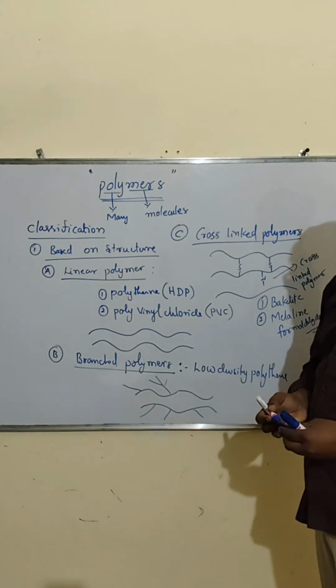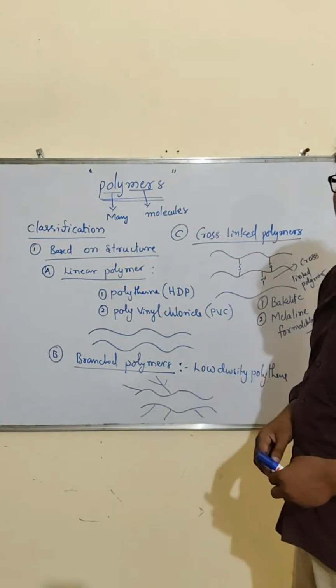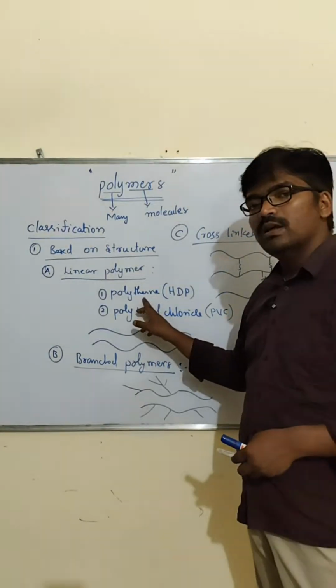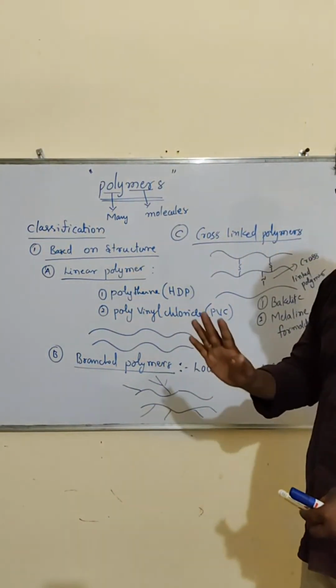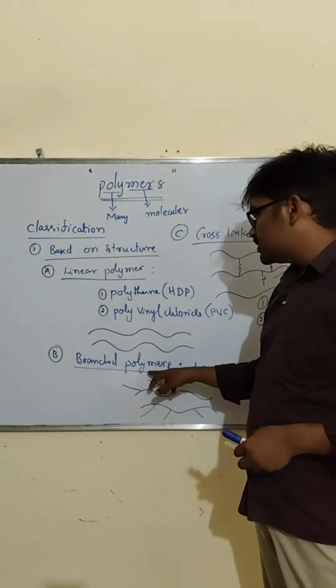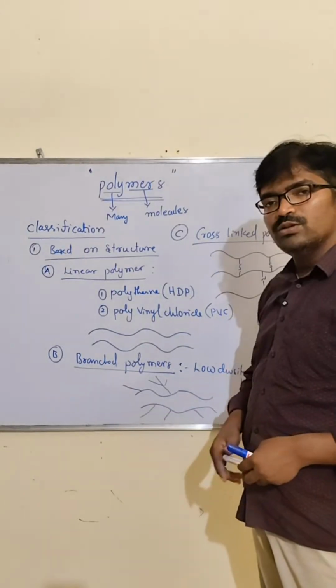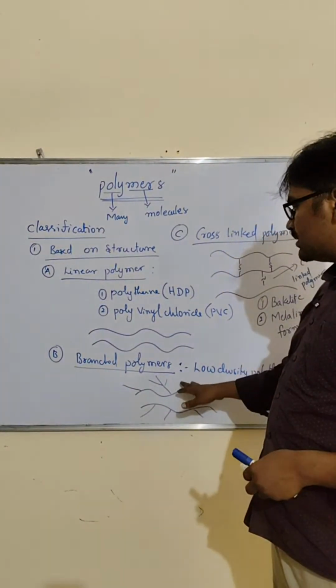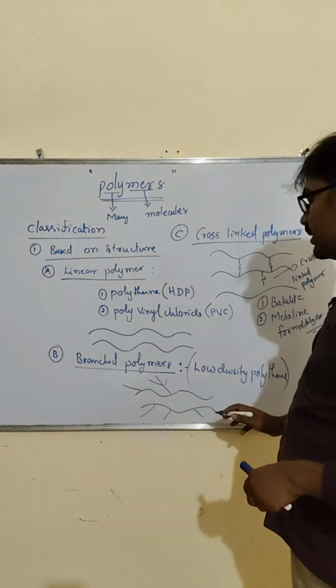So remember, linear polymers nothing but only in the linear shape it will be present. So example for the linear polymers are high density polythene, then polyvinyl chloride. Then branched chain polymers: with the linear, some of the branches are attached to that. So that we call branched chain polymers. Low density polythene is a branched chain polymer.